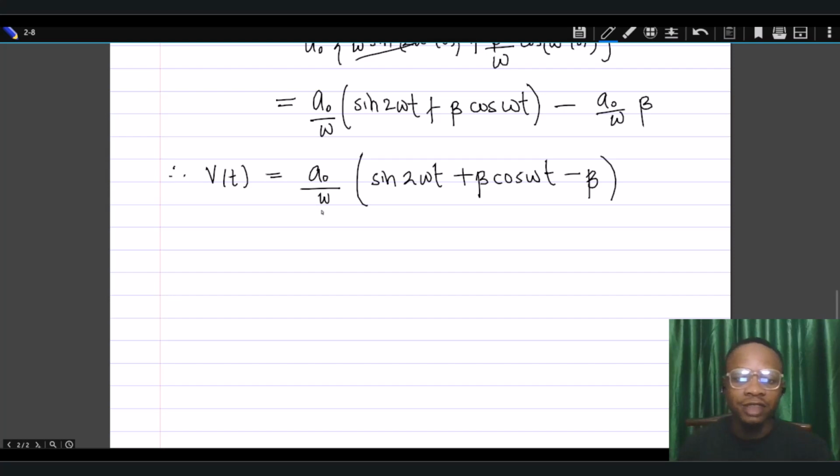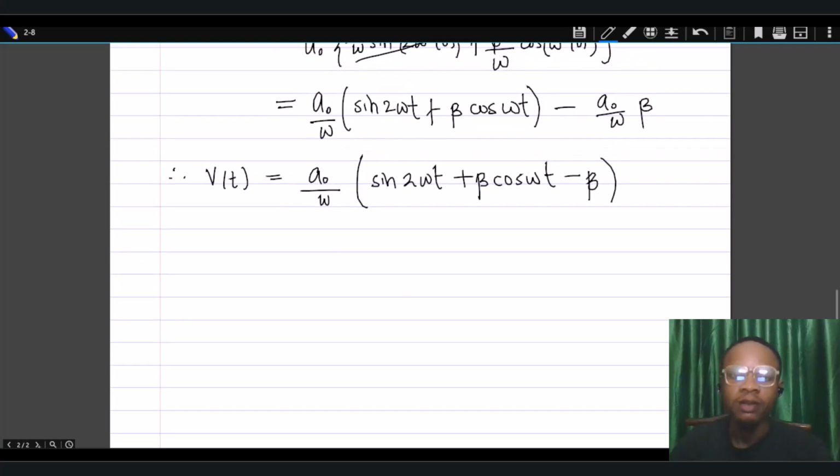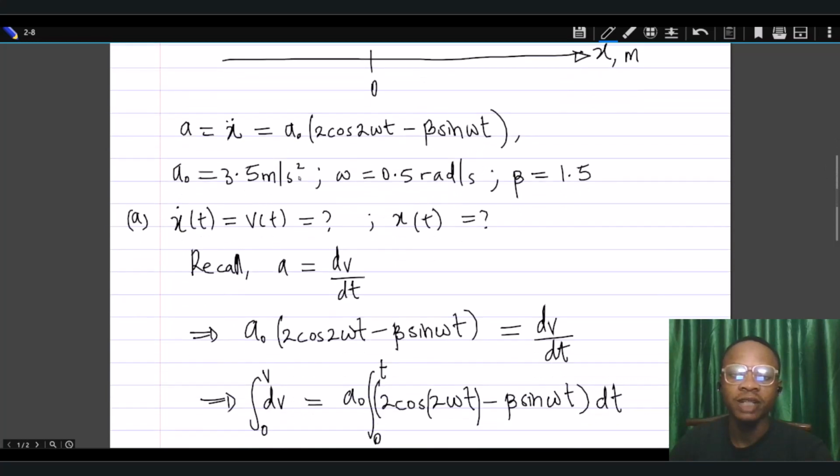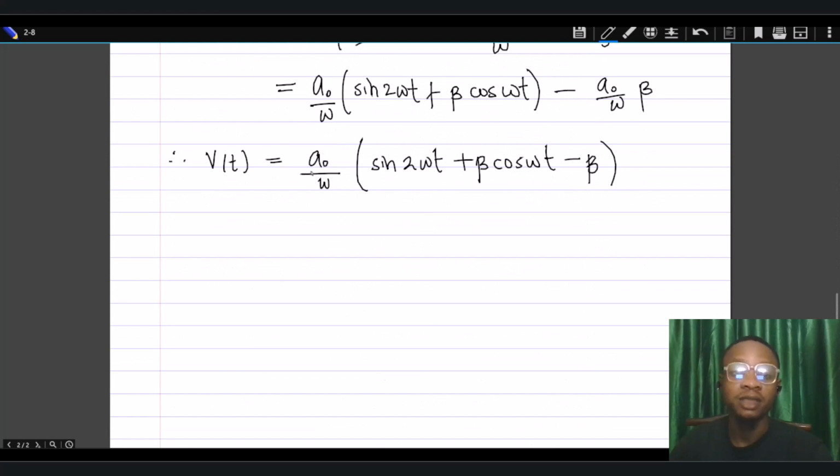As for v as a function of time, using the values we already know, we have a naught to be 3.5, omega to be 0.5, and beta to be 1.5. The units take care of themselves because the given equation is consistent dimensionally. So we go ahead and make the substitution. v as a function of time: a naught is 3.5 meters per second squared.